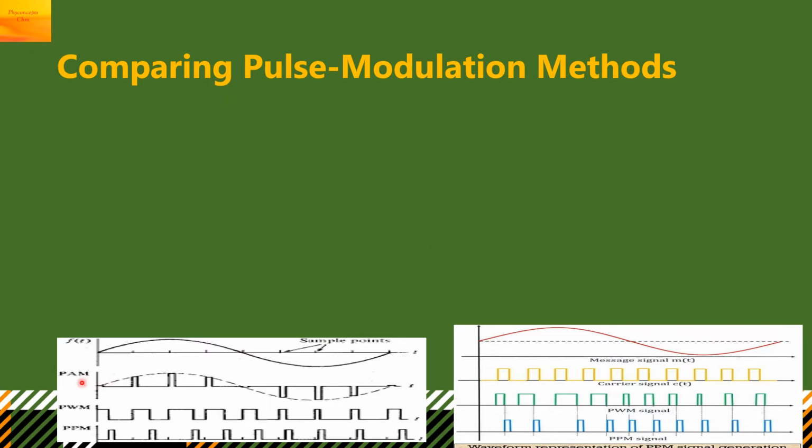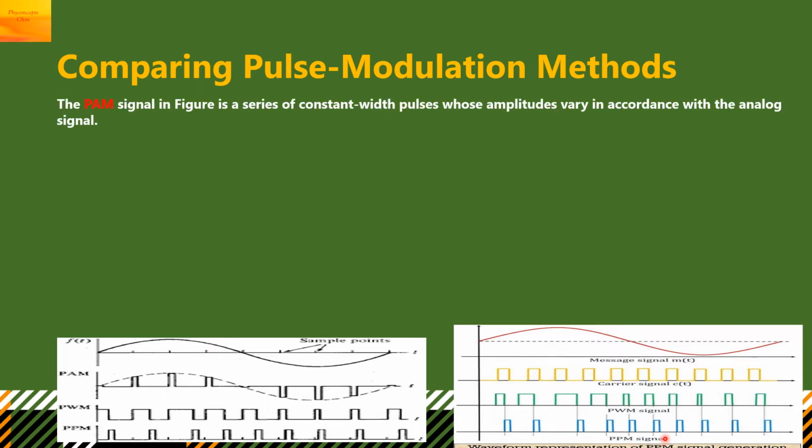The diagram shows the different pulse modulation methods. In this diagram, the PWM signal and PPM signals are also shown. The PAM signal in the figure is a series of constant width pulses.